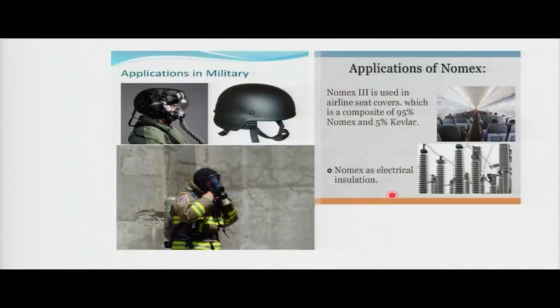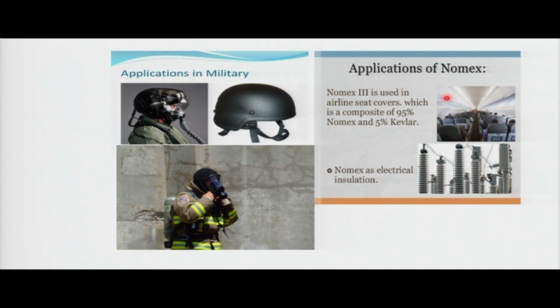In addition to that, we have more pictures here, which are military applications. As you see, this is our head mask. This is an application for people who are firefighters, which is normally part of the police department.